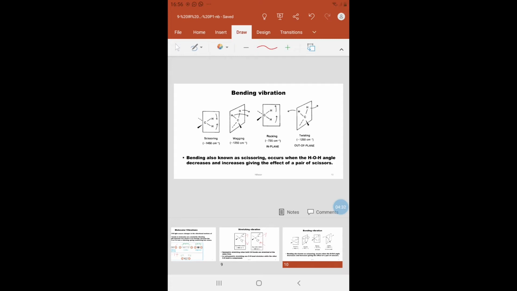There are four types of bending vibration: scissoring, as you can see here, wagging, rocking, and twisting. But bending vibration is not important, because if we list everything, all the stretching and bending vibrations, you cannot see the significant value for that compound. That's why we only focus on the stretching vibration, whether symmetric or asymmetric.